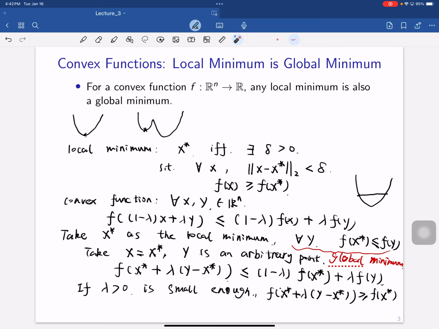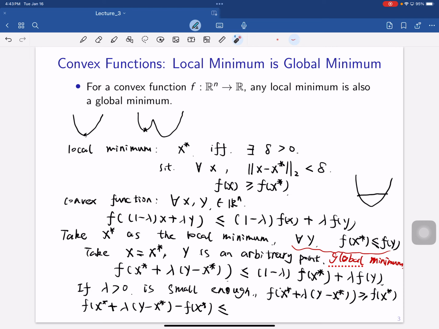Okay, in other words, let's deduct f of x star on both sides of those inequalities here, right? Then what we get is the following. Okay, so if you deduct the left-hand side by f of x star, and you deduct the right-hand side by f of x star, right?